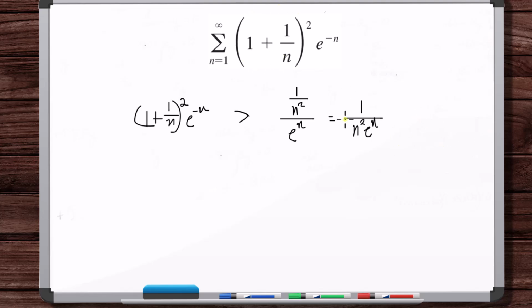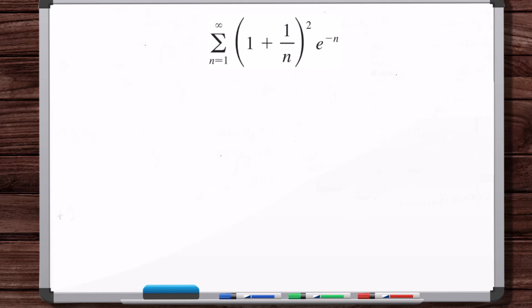So let's come back to the start here. We could get rid of that e to the minus n by dividing by another sequence that has e to the minus n in it. So let's say that b sub n is 1 over e to the n. That's e to the minus n.